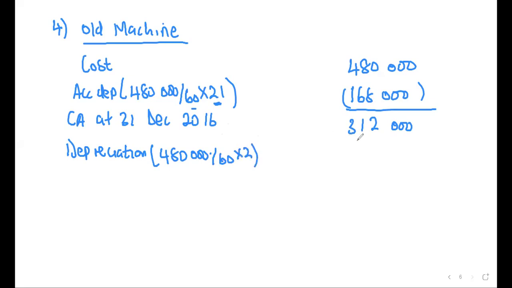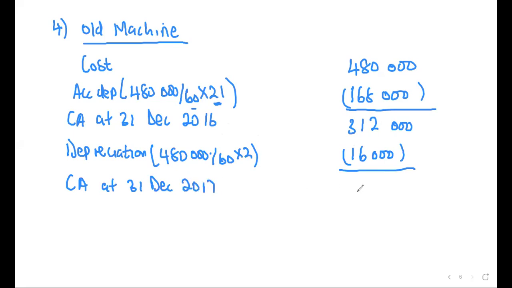How much are we going to have as our depreciation there? 16,000. Then we need the carrying amount at 31 December 2017. We just subtract the 2. It's going to be 296,000. Am I right?